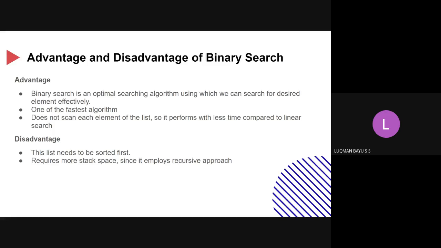And third, it doesn't actually scan each element of the list, so it performs way faster than linear search. And the disadvantage of binary search is that the list needs to be sorted first, and it requires more stack space since it uses a recursive approach.